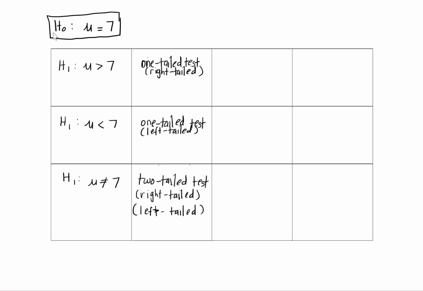For a one tail test, we will have one alpha. Significant level alpha is equal to alpha. But when it comes to a two tail test, then you must divide your alpha by 2. Again I repeat, when you have a one tail test, that means it can be a right tail test or left tail test. So your significant level is alpha.